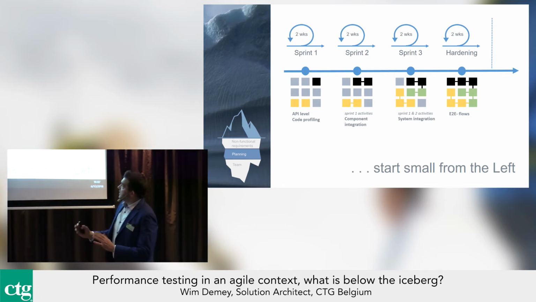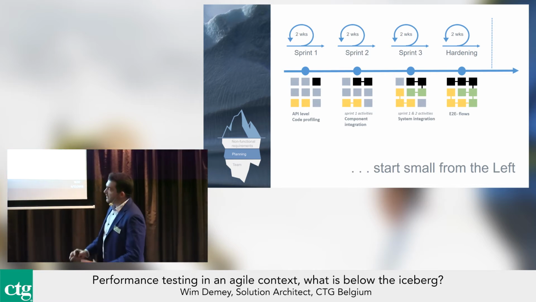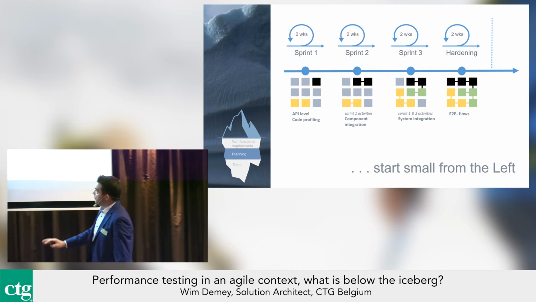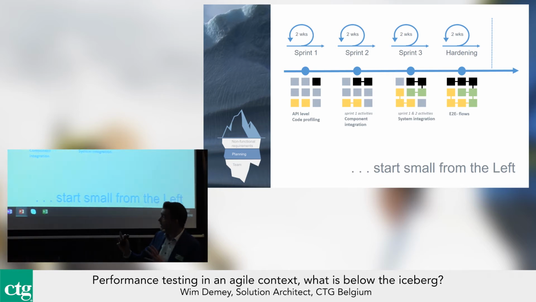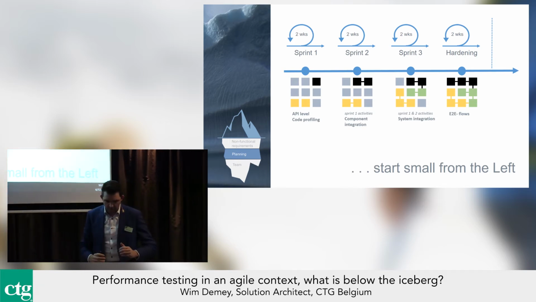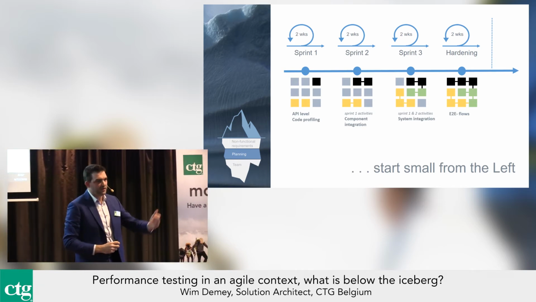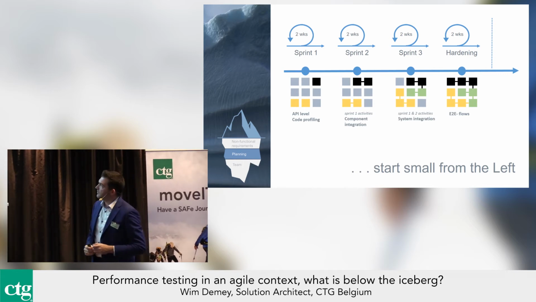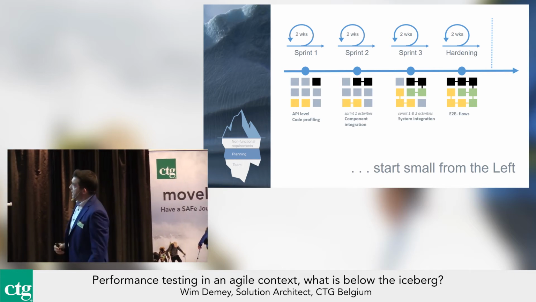Then in the next sprints, it's about extending the scope. For example, in sprint 2, I can start combining components. For example, a web service putting a message on a queue, so that I can already test performance in an isolated way.